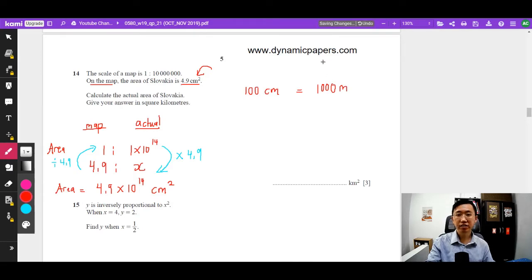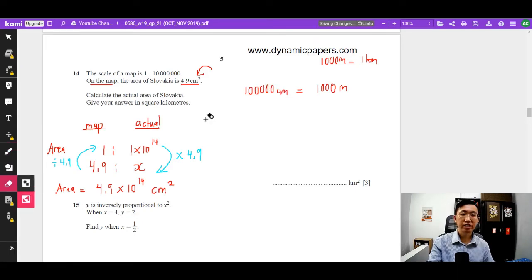Remember this? Remember 1000 meter is 1 kilometer. So I was already multiplying with 3 zeros, so your left hand side also has to multiply with 3 zeros. So let me adjust that. 1, 2, 3, right? So this relation right here is now your 1 kilometer. So you need to be very good in changing the units. So we already changed this.